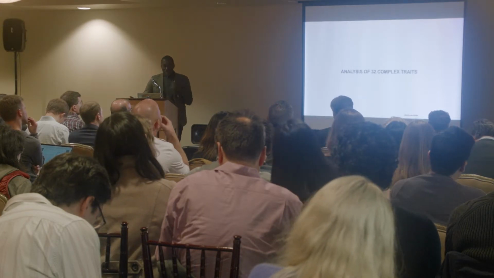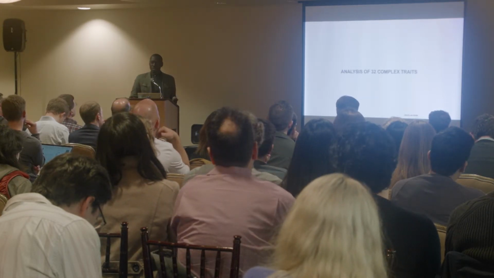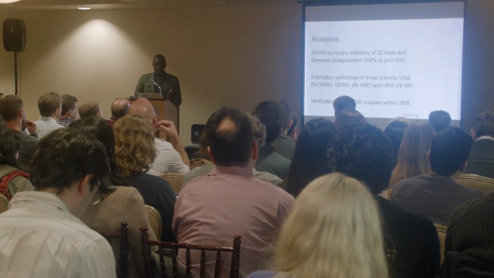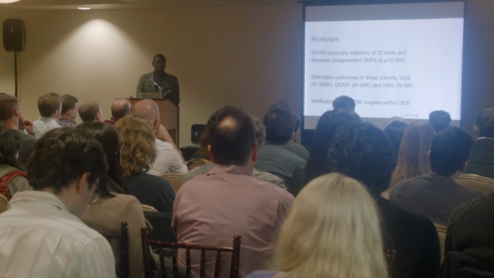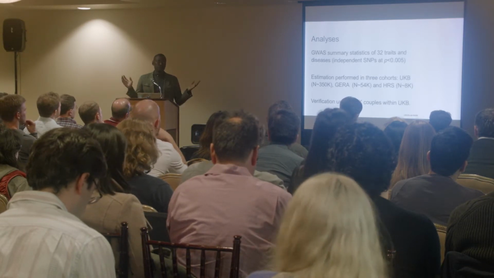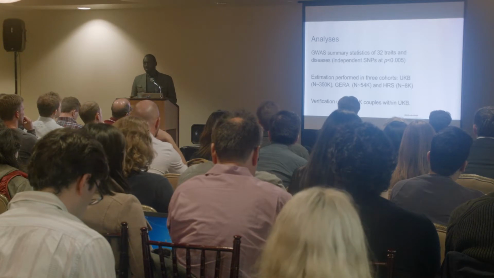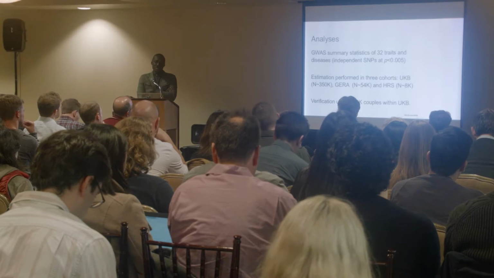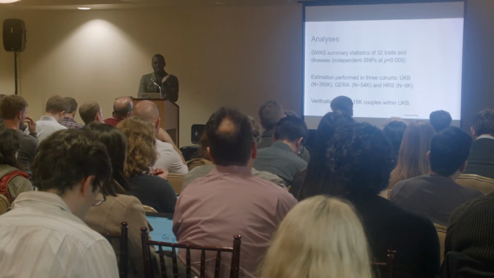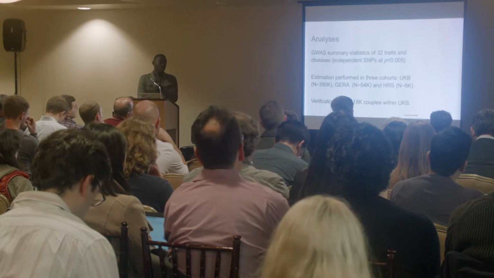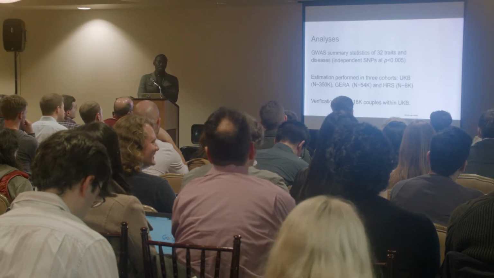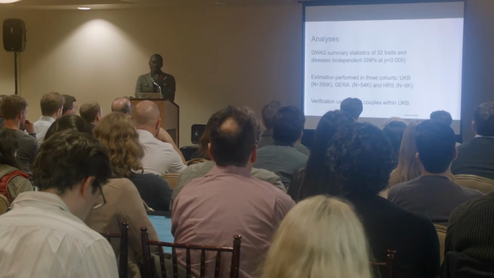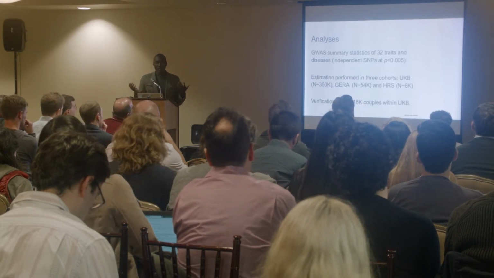Okay, so now I'm just going to present some of the results from applying that method to a collection of traits. I analyzed 32 traits, basically everything I could find in the literature. For all the traits, I selected variants that showed some evidence of association with the trait, so I selected SNPs with a p-value below 10 to the minus 5, 10 to the minus 3.